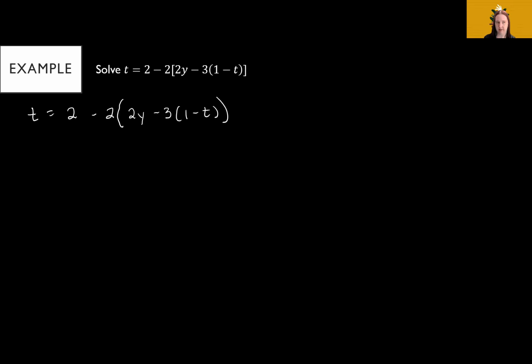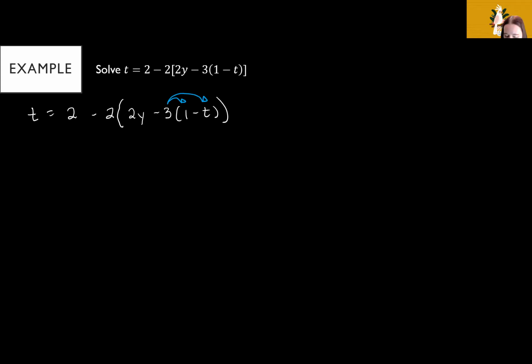So left side is simplified. Right side is not. So we have to simplify the right side. This is why we had to go through how to simplify expressions, because that's what we're doing here on the right. So when you've got multiple sets of parentheses, you start inside out. So I need to distribute the inside set before I go to the outside set here.